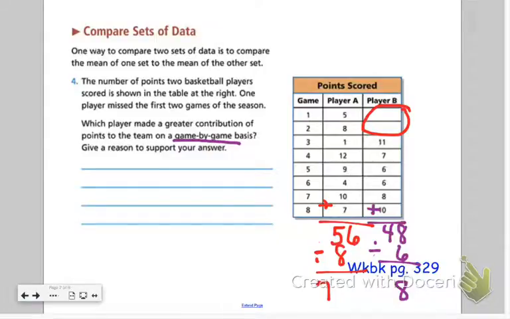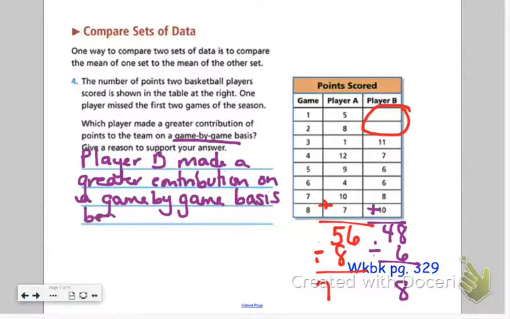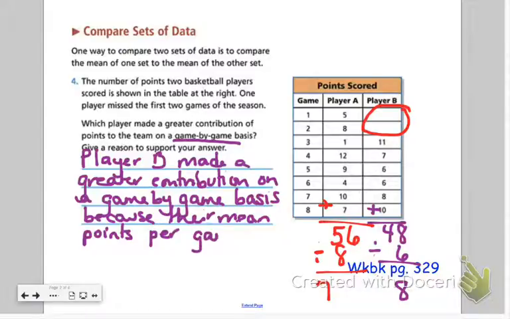So I'm going to say player B made a greater contribution on a game-by-game basis because their mean points per game was greater than player A.